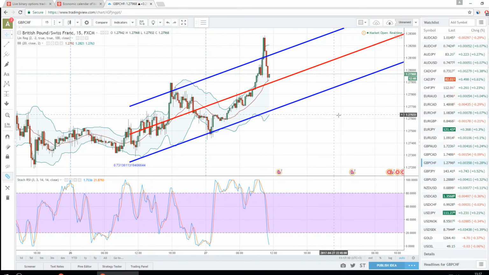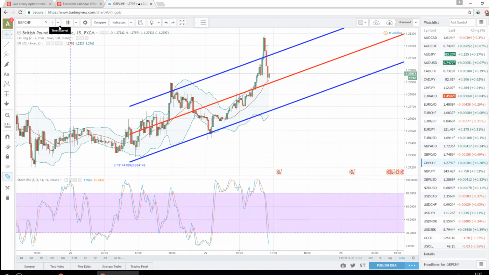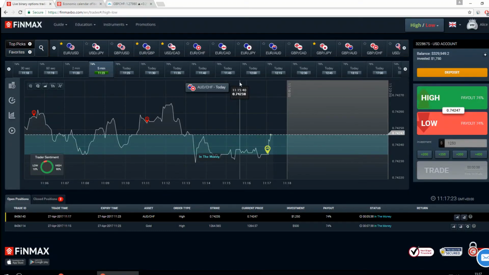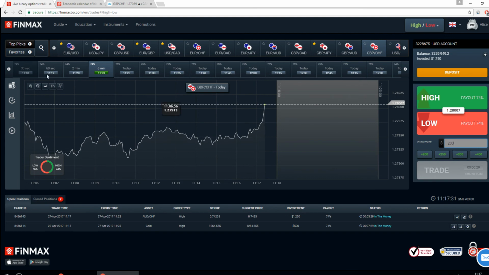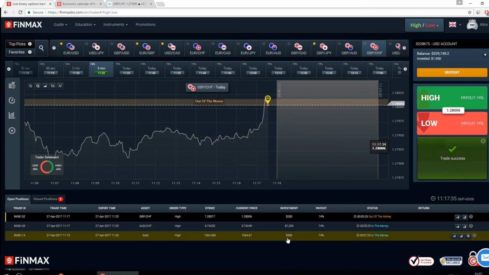Here we have a pretty interesting situation. Here I would open for several minutes this asset for high. Let's switch for short. Yes, there is a really interesting case, and we need to get in time to open British pound to Swiss franc. Here it is. I will open for 5 minutes for high, and it went down.